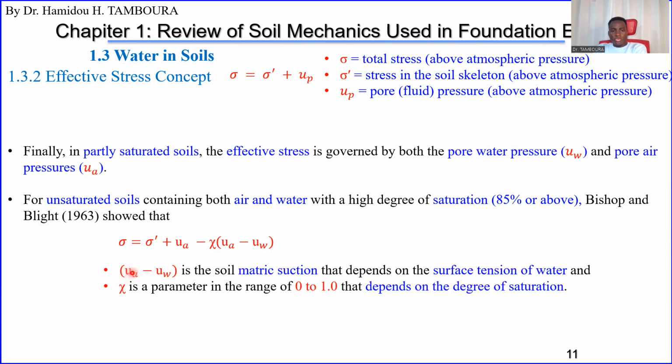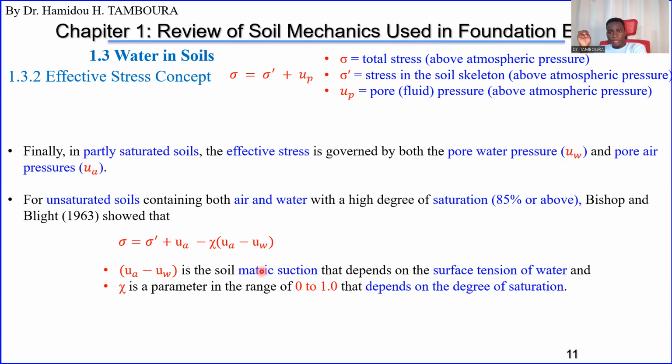So UA minus UW, this is the air pressure. We stated it here already. This one is water pressure. So this term minus this term is what we call in unsaturated soil mechanics matric suction, which is very, very important.